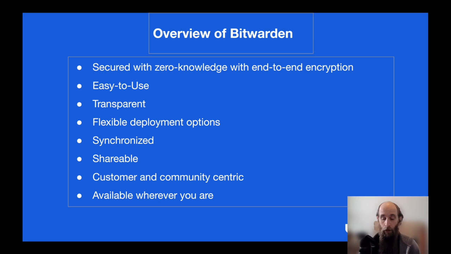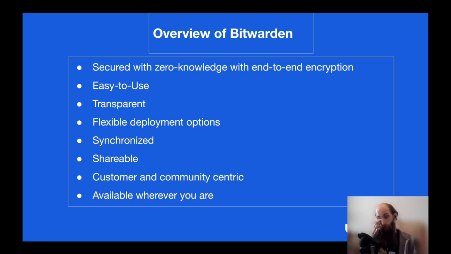And as we'll be talking about today, you have a number of different ways to deploy Bitwarden. We, of course, have our cloud available in either the US or the EU, and then self-hosted on-prem through a variety of different installation mechanisms. So we have a lot of different ways to get that password manager deployed for you.